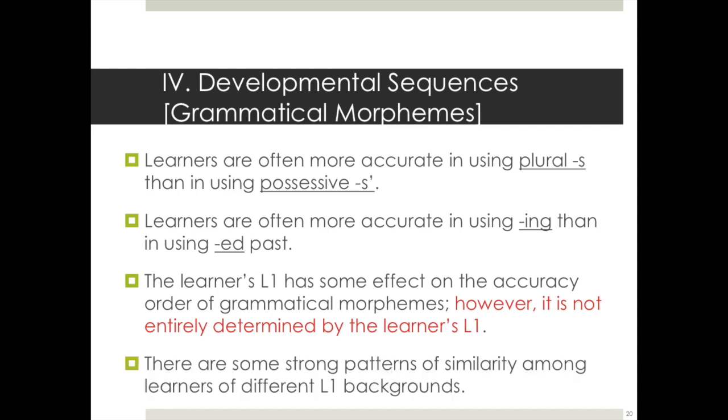There are some strong patterns of similarity among learners of different L1 backgrounds. Here again, this justifies the fact that although some learners come from a similar L1 background, meaning typologically similar first languages, let's take the case of two learners, one with a Portuguese L1 background, the second with Spanish. Although these two languages are similar, coming to the penultimate point, the accuracy order of grammatical morphemes is not entirely determined by first language similarity.